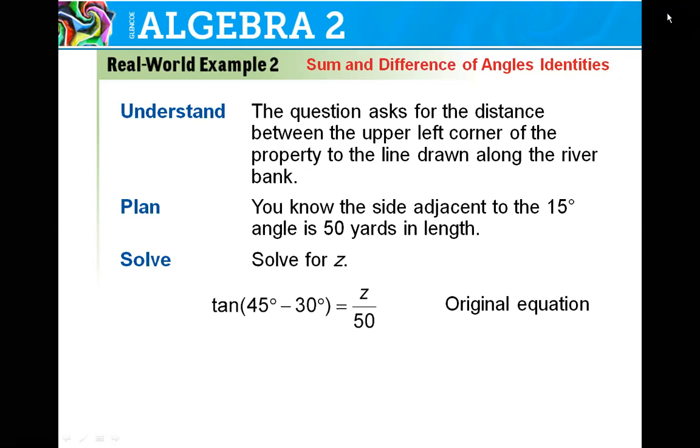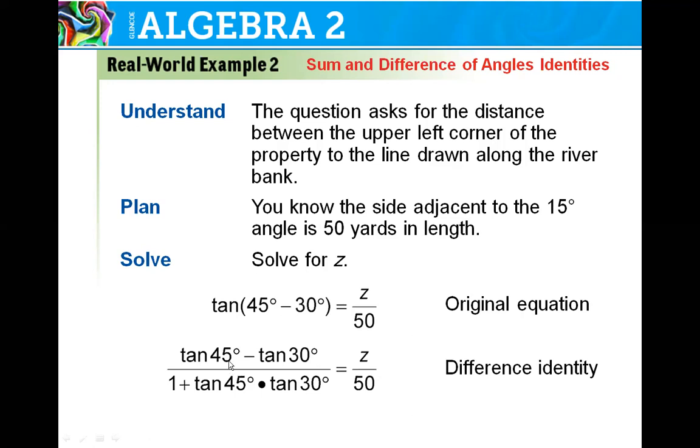For the tan, the difference: tan (A minus B) equals tan A minus tan B over 1 plus tan A times tan B. So it will be tan 45 minus tan 30 over 1 plus tan 45 times tan 30 equals Z over 50.